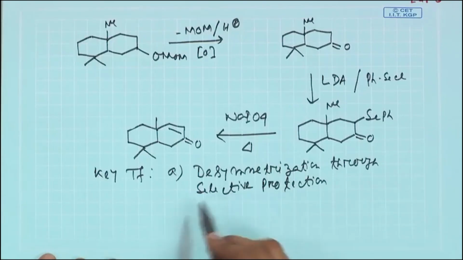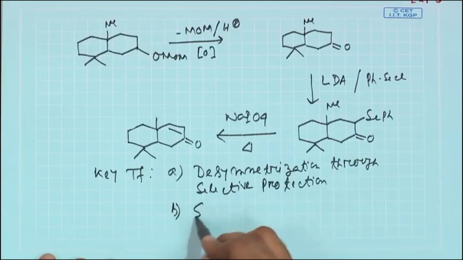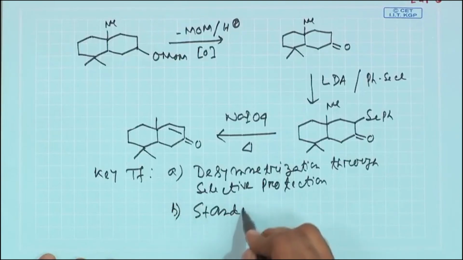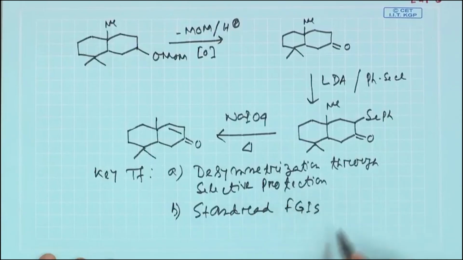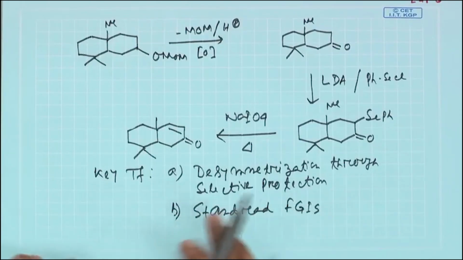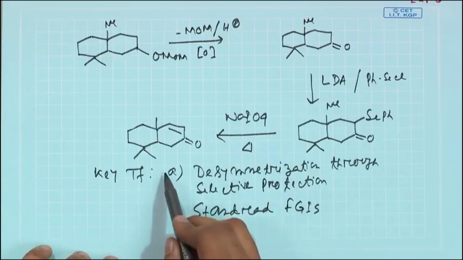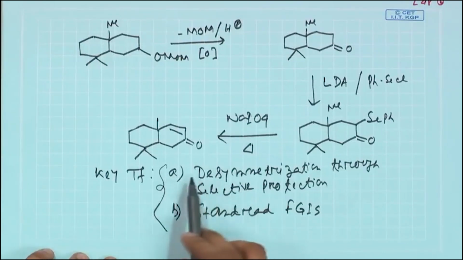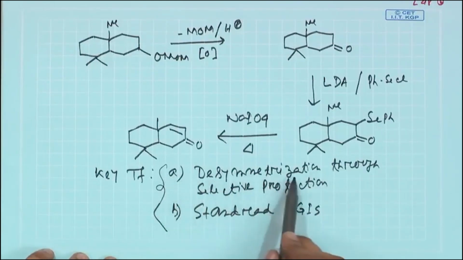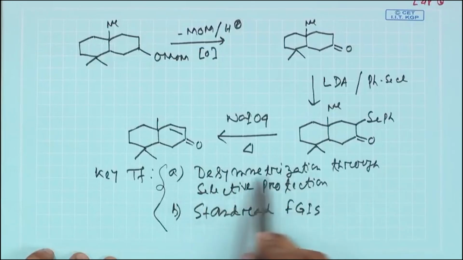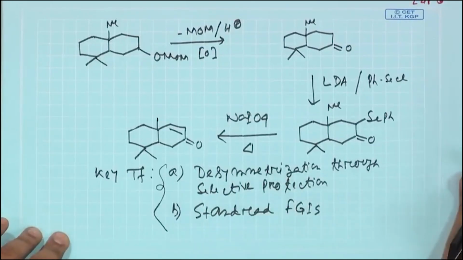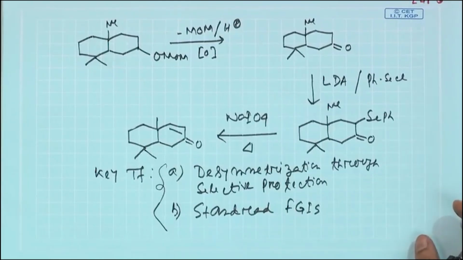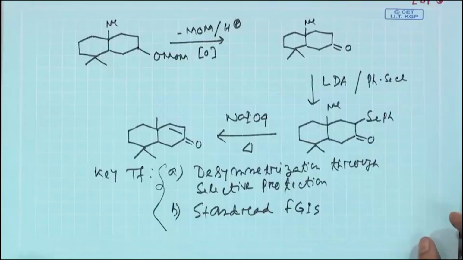So, do the selective protection and the remaining part is very standard FGI. In principle, this kind of transformation can very usefully be done if you just do the selective protection. This selective protection we are trying to highlight as a desymmetrization of the two equally reactive hydroxy groups. As the starting material is symmetric, you can desymmetrize it through a selective protection.